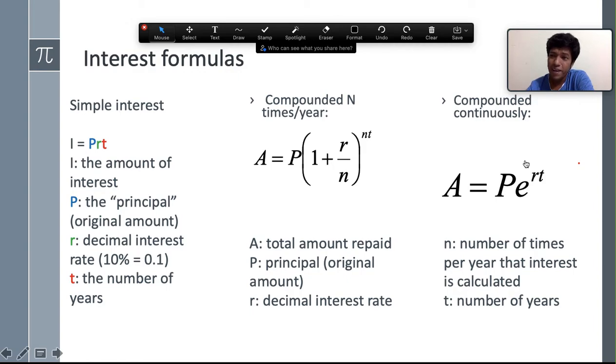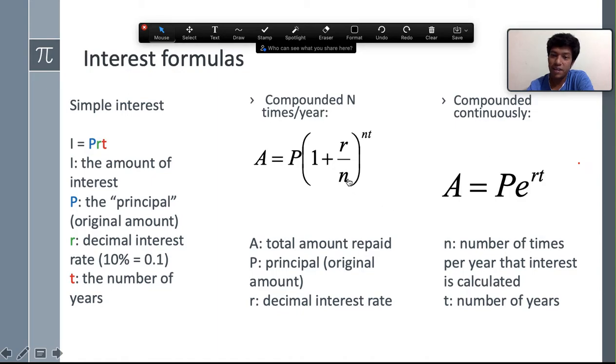Now another bank can go more crazy. They can say, I'll give you interest more frequently, every minute or every second. What about that?